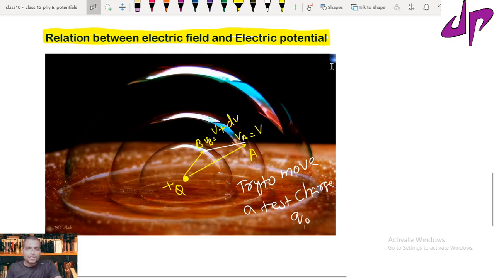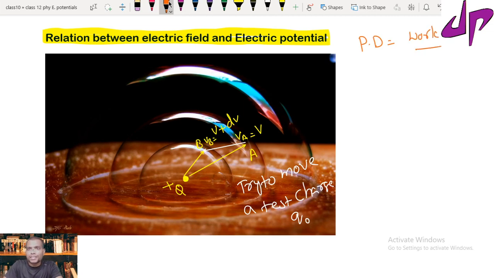So to move a test charge across the potentials, I need to do work. According to the definition of work, potential difference equals work done upon test charge. So here the potential difference VB minus VA equals the work done upon the test charge.